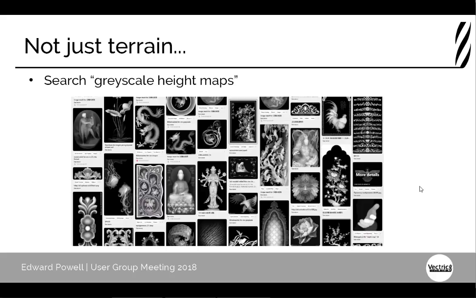So if you actually search Google for grayscale height maps, and you can spell grayscale either the American way or the English way, sorry about this, you're going to see this throughout my slides, then you will find that there's a ton of this stuff out there. Obviously, the normal copyright issues apply, so be careful when you take a model or you're looking to use a model that you obey and follow the correct approach for that person's work. And obviously, some of these images you can see have required an awful lot of work to achieve. But there's plenty of material out there if you get into it.